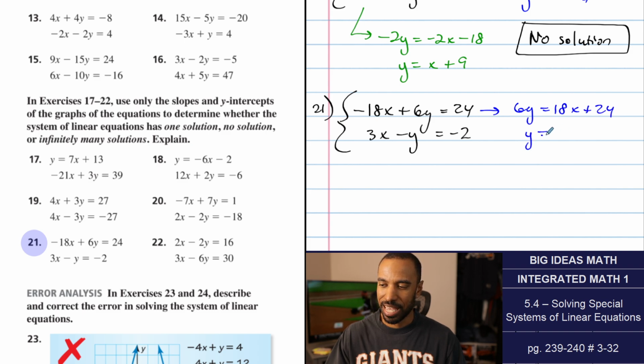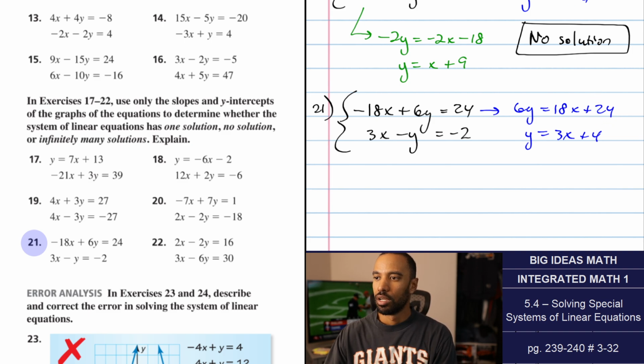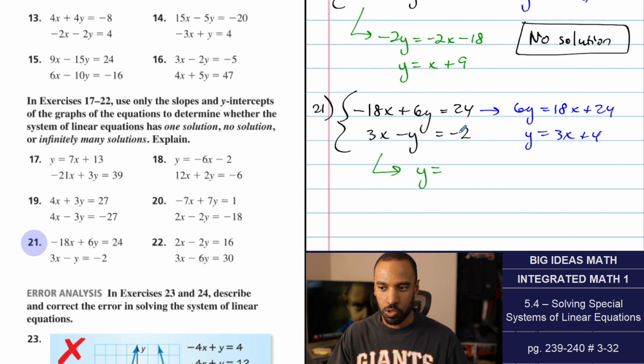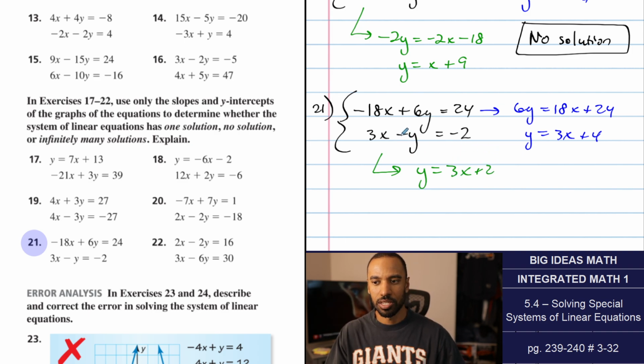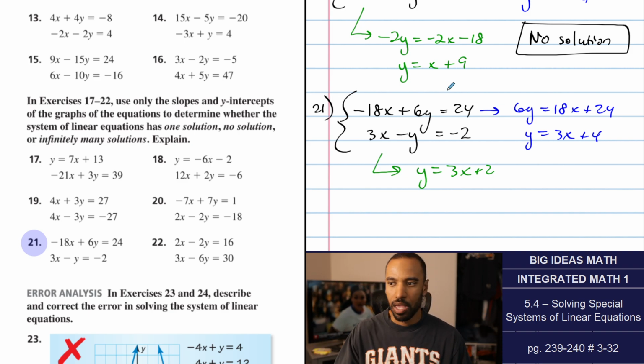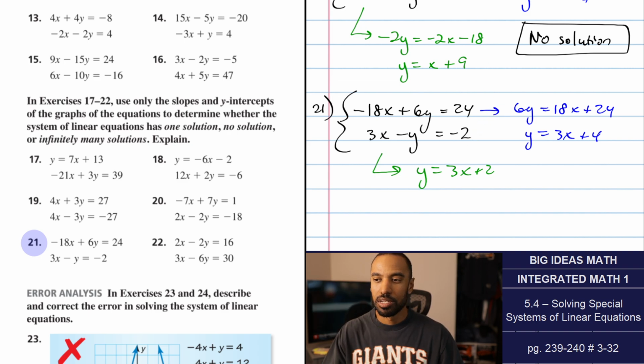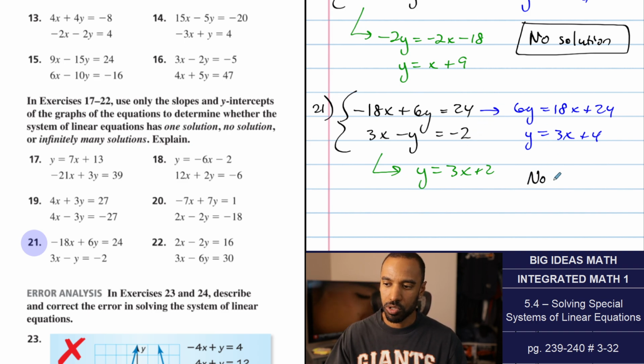Divide everything by 6. 18 divided by 6 is 3. 24 divided by 6 is 4. There's one equation. Here, I'm going to do this kind of faster. I'm going to add y to both sides, make it positive, so I can say y equals. And now the negative 2 is on that side. Let's add the 2 over. 3x plus 2. Does that make sense? So adding y, adding 2. Instead of 3x plus 2 equals y, y equals 3x plus 2. All right, 3x plus 2, 3x plus 4. Same slope, different y-intercepts. Different lines, but parallel. No solution.